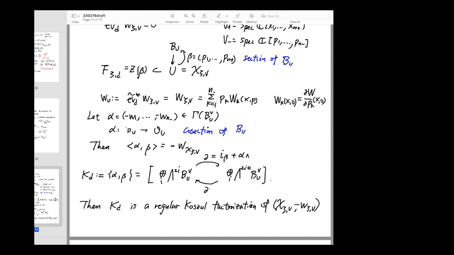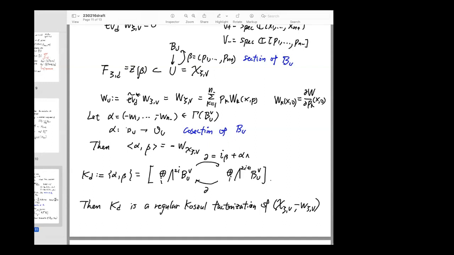Then the virtual structure sheaf is a categorification of the Behrend-Fantechi virtual fundamental class, and this Favero-Kim virtual factorization is the categorification of the virtual fundamental class.